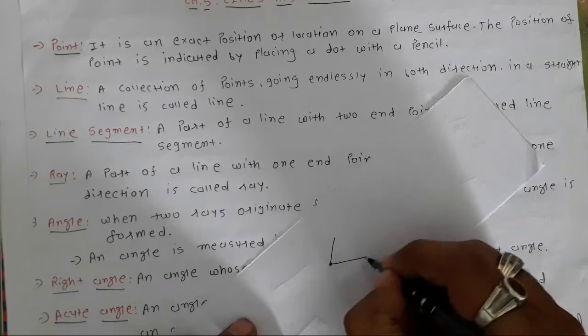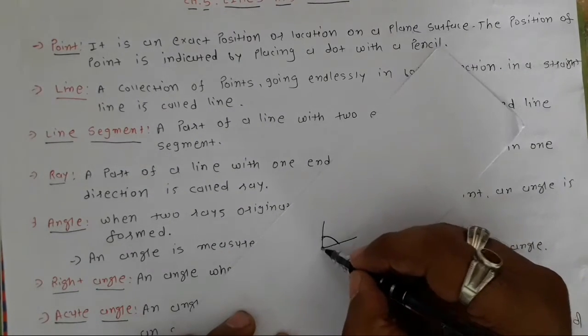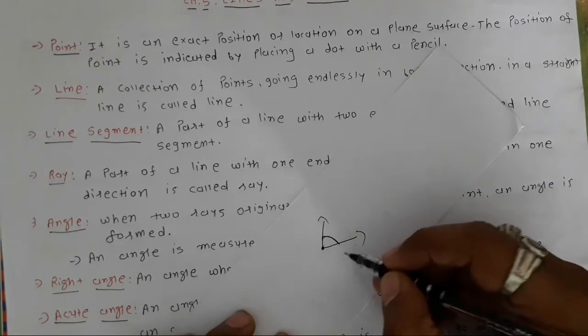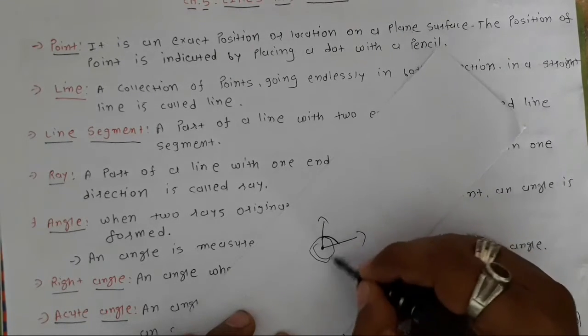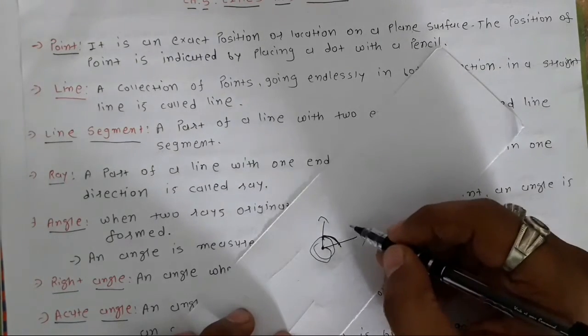So if I have two rays that originate from a common point, this is the common point, and this is my angle, then an angle is formed, it is called an angle.